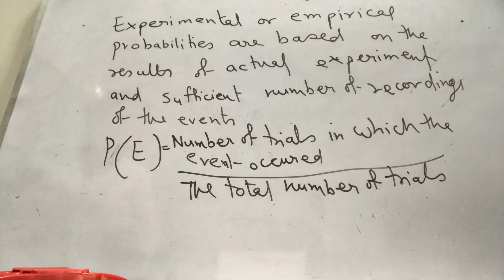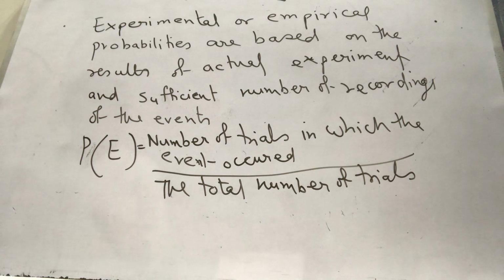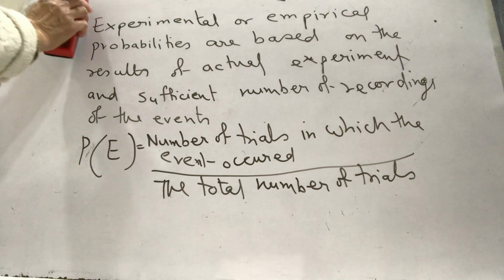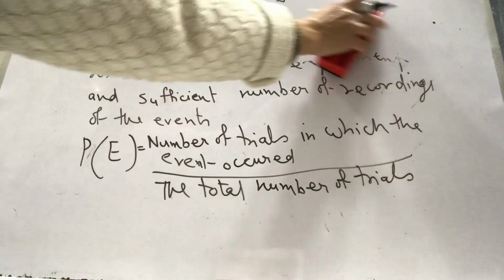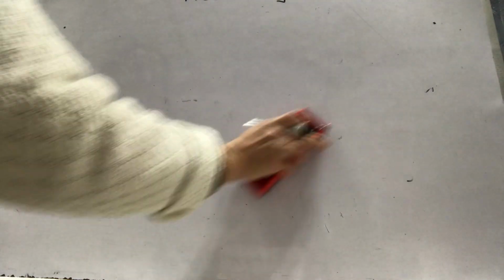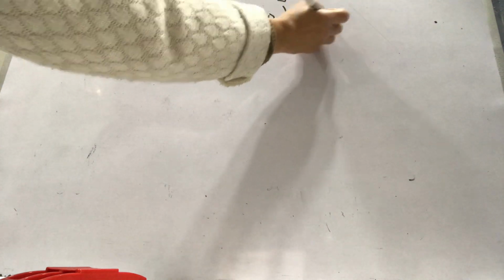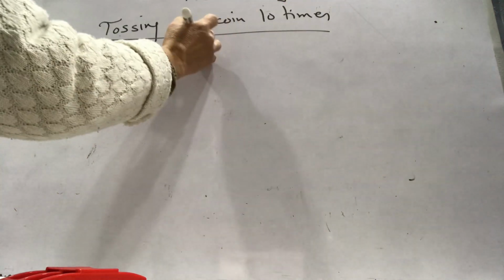Now we have taken an example. So let's take example of again a coin and toss it 10 times. So if I toss a coin 10 times, tossing a coin 10 times, this is my experiment.